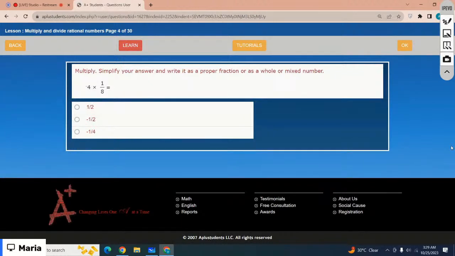Okay, the next one is multiply negative 4 times 1 over 8. So which is the correct option? That would be negative 1 over 2, right?